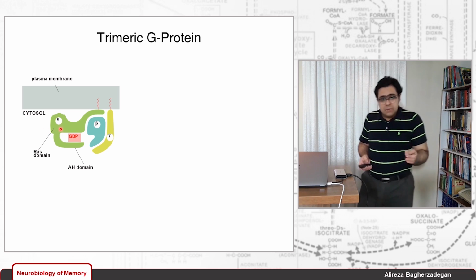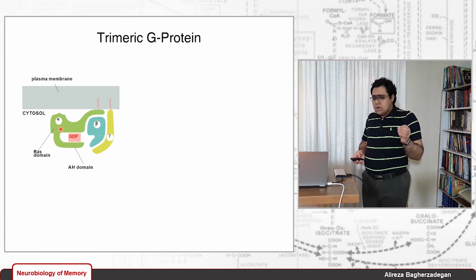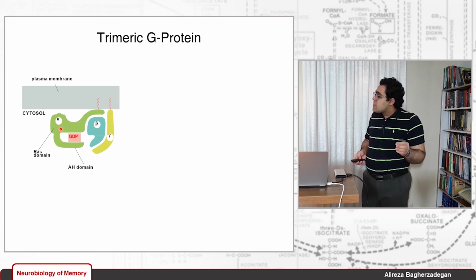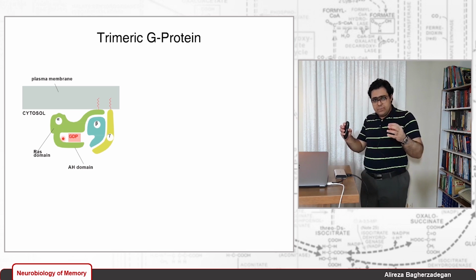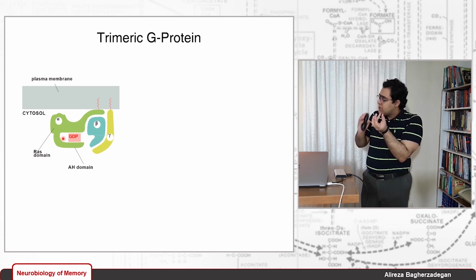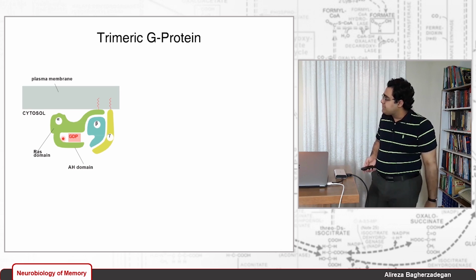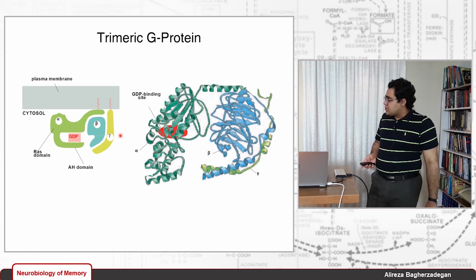But in inhibitory G proteins, when the alpha subunit gets activated by GTP, it doesn't dissociate from the beta and gamma subunits, but it reorients its position relative to the beta and gamma. Okay, this is what I wanted to mention.